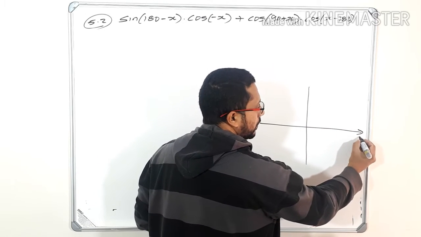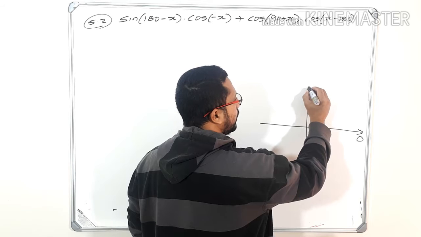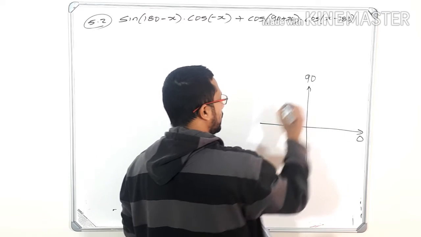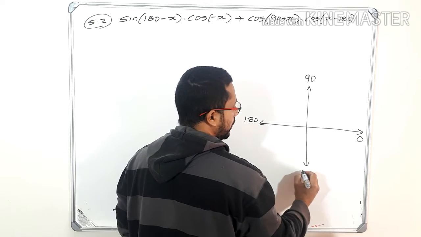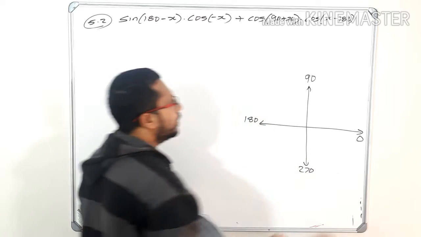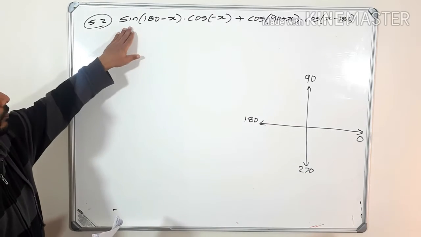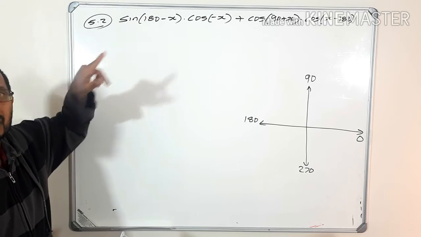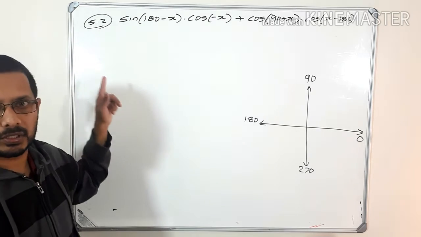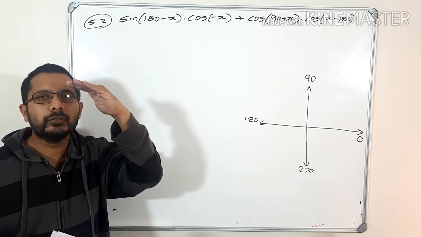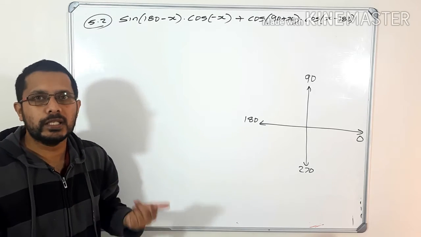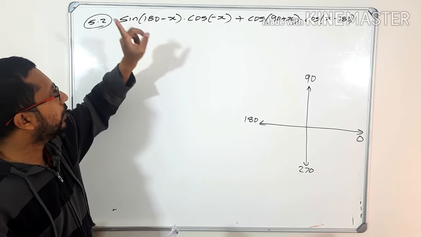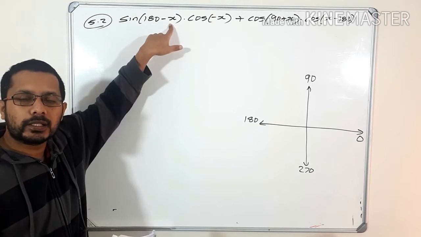Here this is 0, this angle is 90, this is 180, and this one is 270 degrees. So first, let's start with this one. Those who are doing this for the first time, just try to follow in the order I am saying, then it will be easier for you. Let's start with 180 minus x.